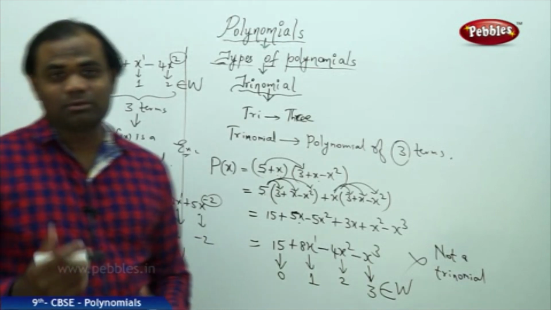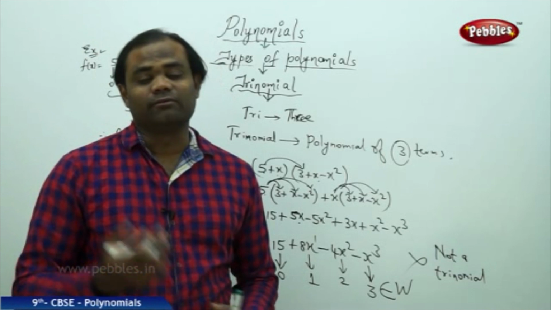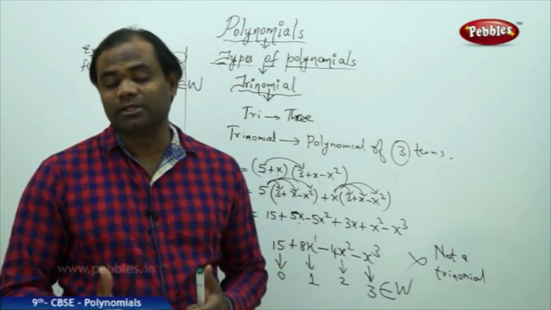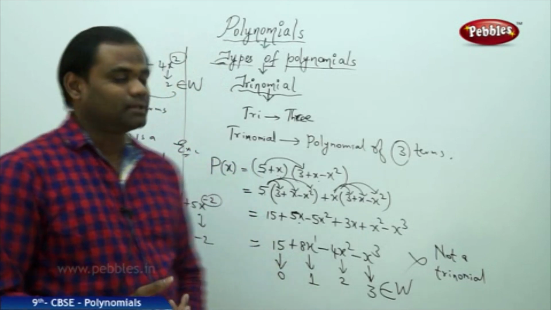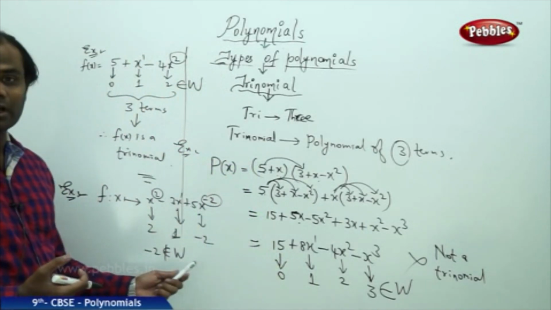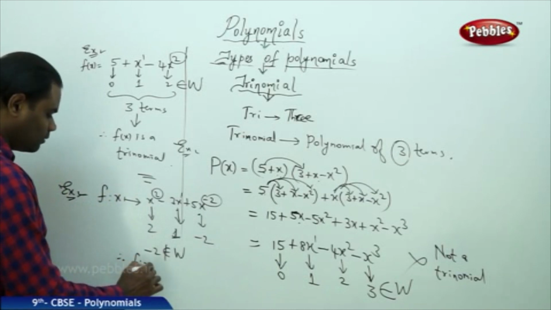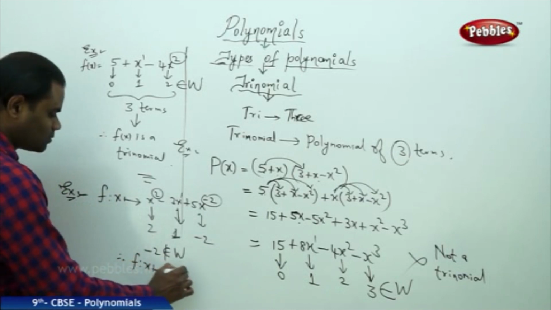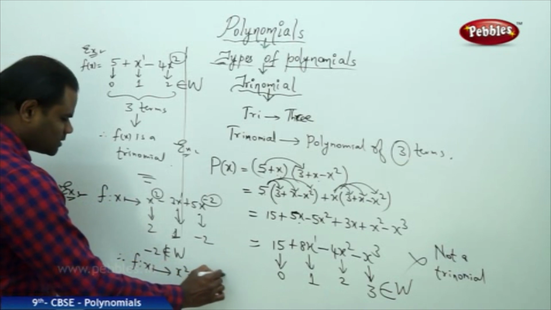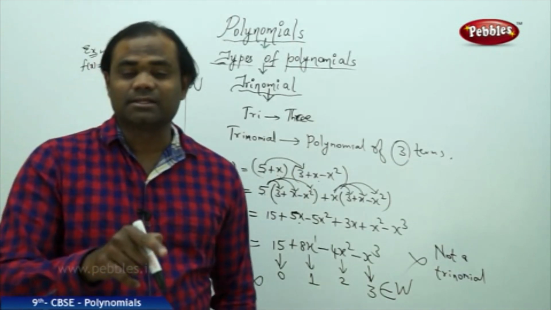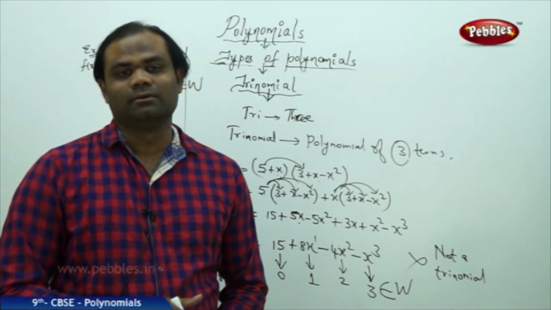Since minus 2 does not belong to W, it fails to satisfy the definition or the rules for a polynomial. And therefore, with this rule broken, the given function f from x to x squared minus 3x plus 5x to the power minus 2 is not a polynomial and hence is not a trinomial.